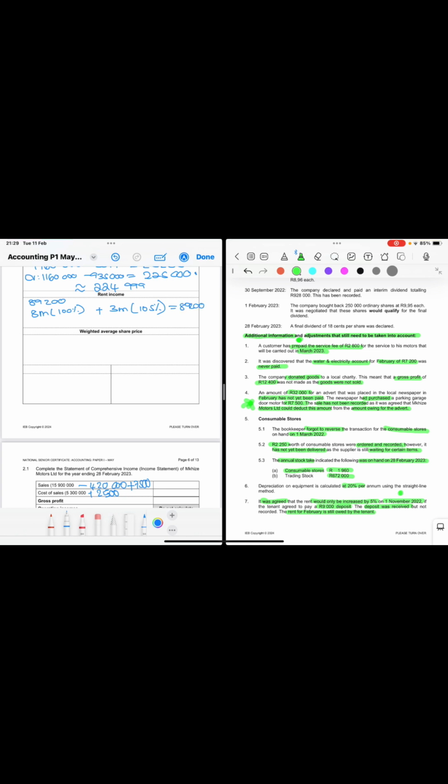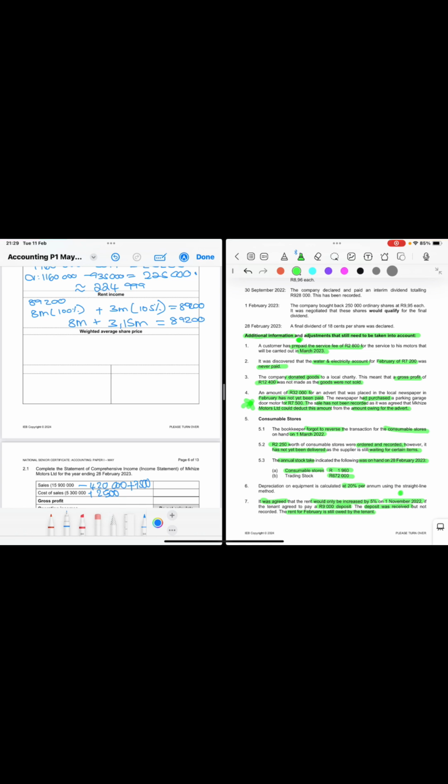That equals the 89,200. So 8 months times 100%, that's the same as saying 8 times 1, so that's 8M. And then 3 times 1,05 would have given us 3,15M, which is 89,200.